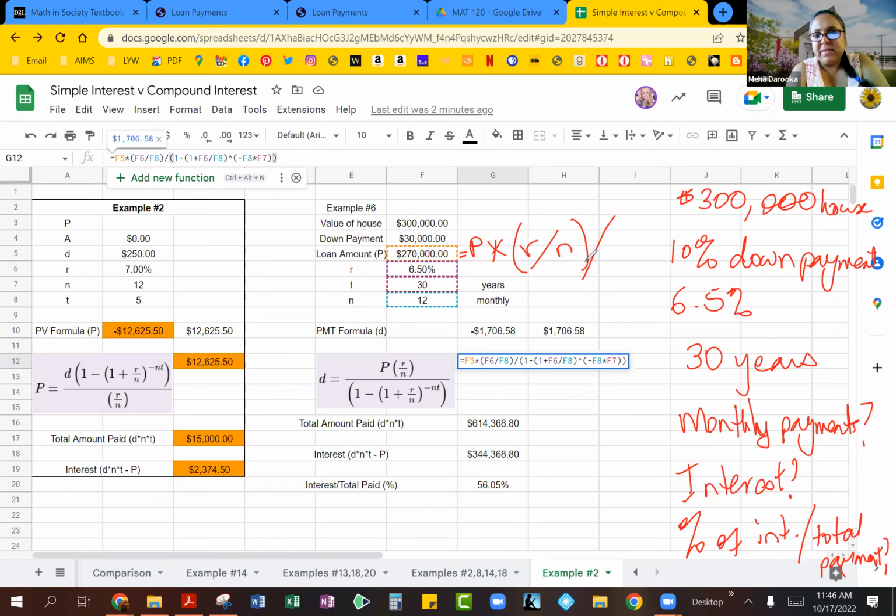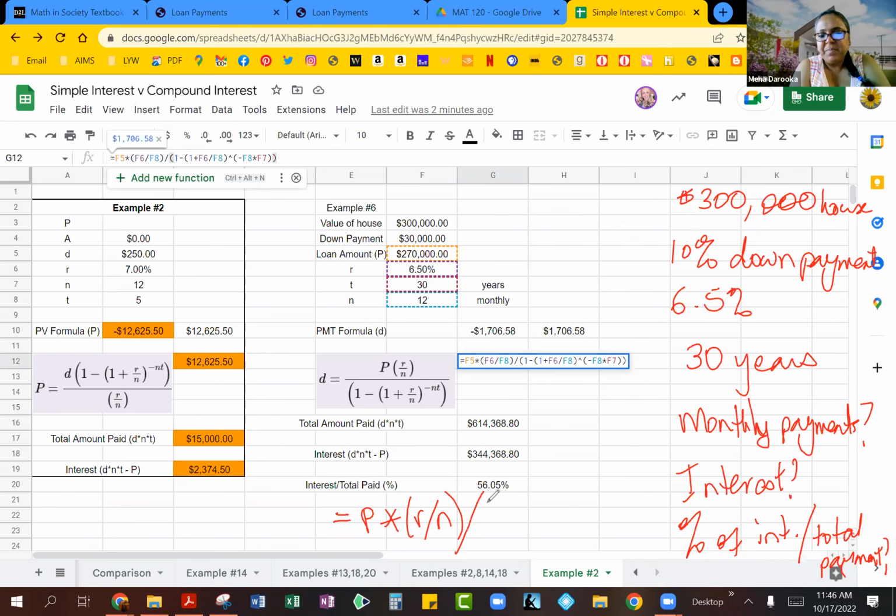Then you do the division symbol after that. Oh, and I didn't pick a good spot for this. Hold on. Let's do it here. So when you're typing, you take your P value, then multiply by R divided by N, close that. So this is your numerator.